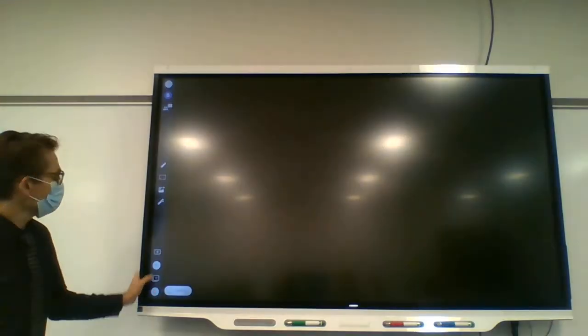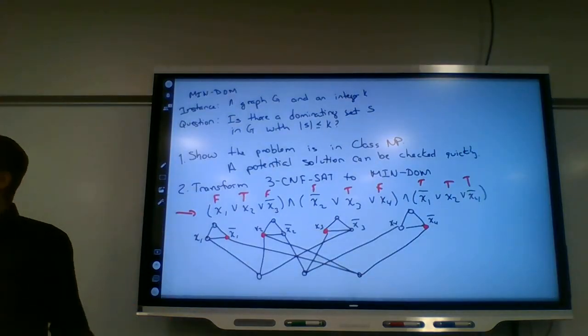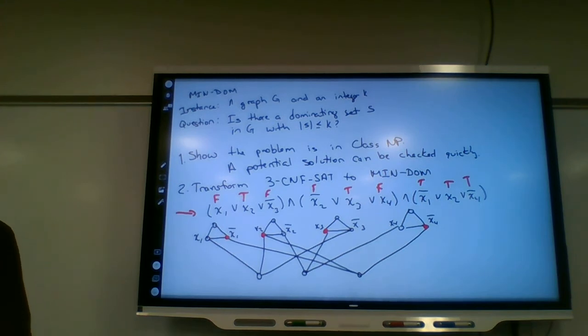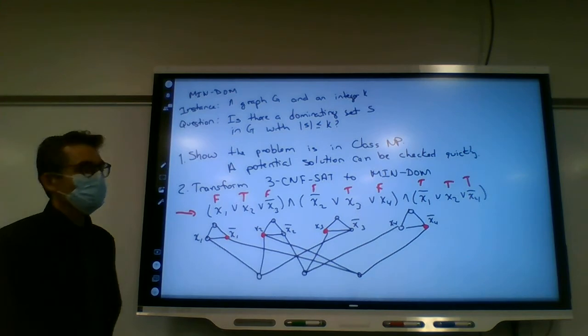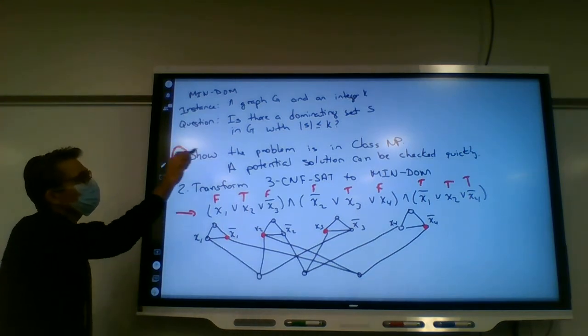So domination turns out to be as difficult as any of the others. So domination, this minimum domination problem, is in class NP. Make sense? And that's the typical progression. We show that our problem is in the class.